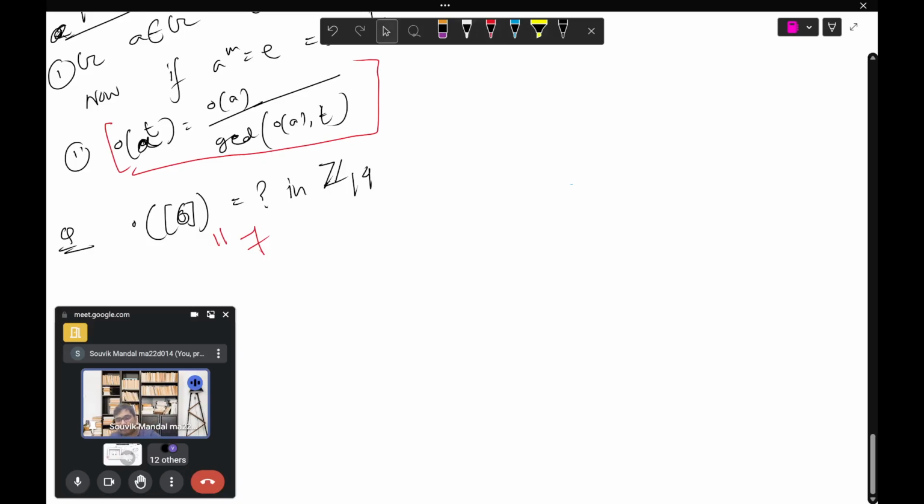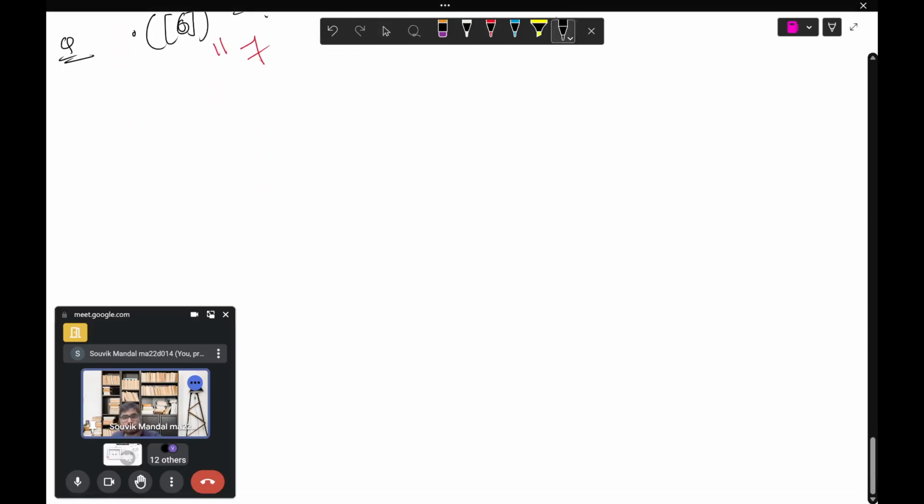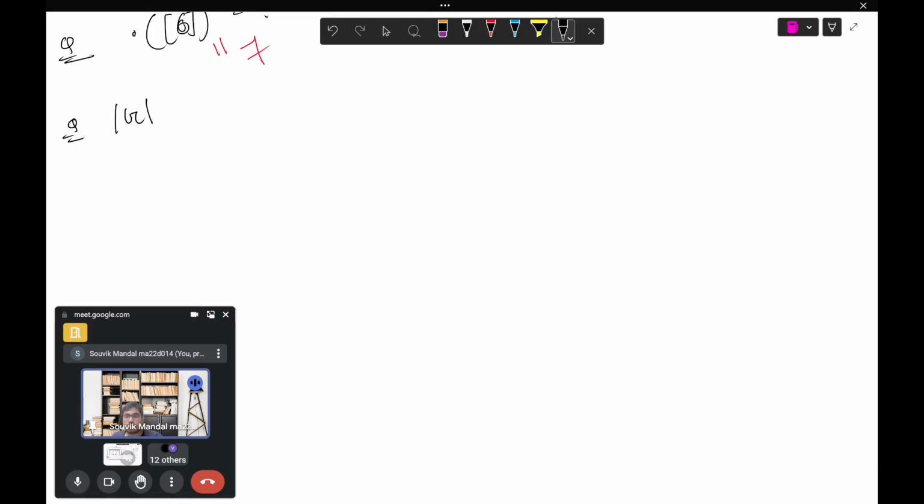Okay. Now, the following problem. Let G be a group and the order of G is equal to 2n. Show that there exists a non-identity element.